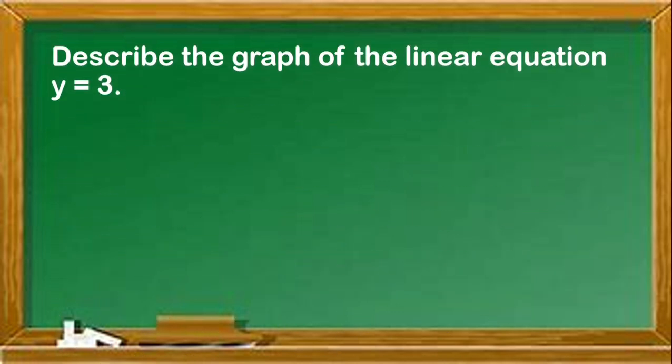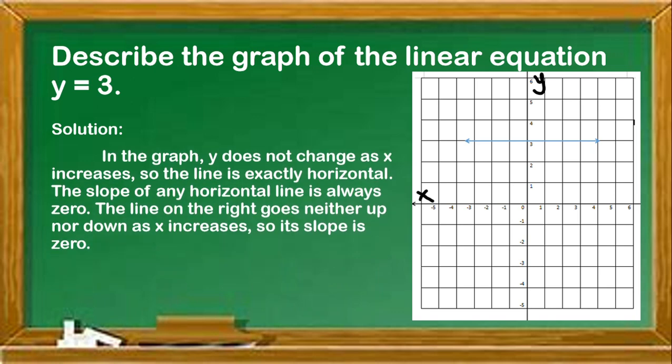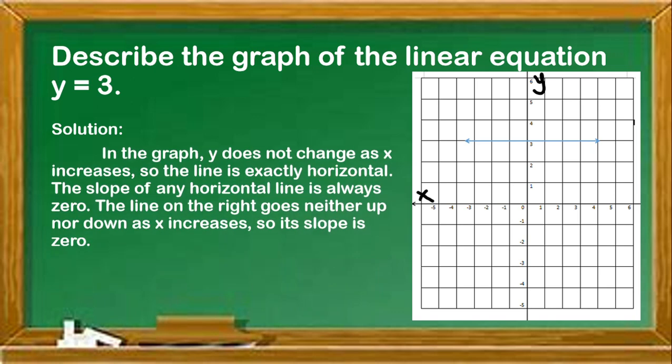Next, describe the graph of the linear equation y is equals to 3. So this one, its line is horizontal and the slope here is undefined. It's 0.